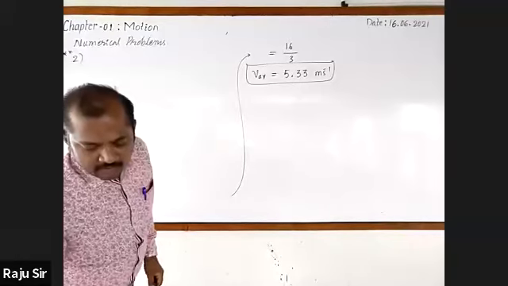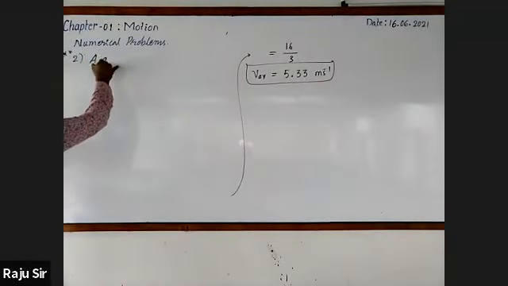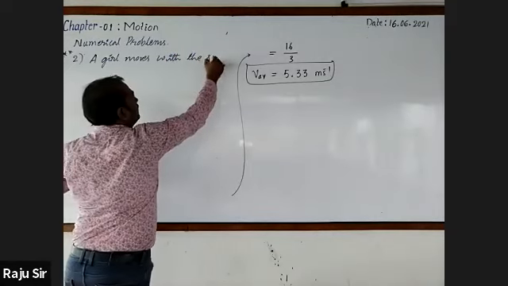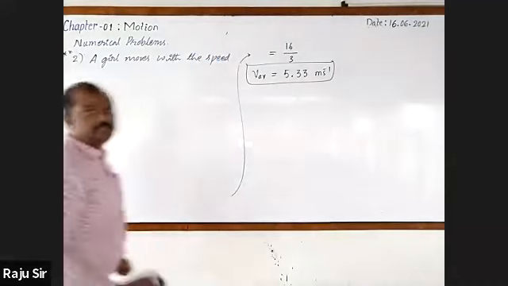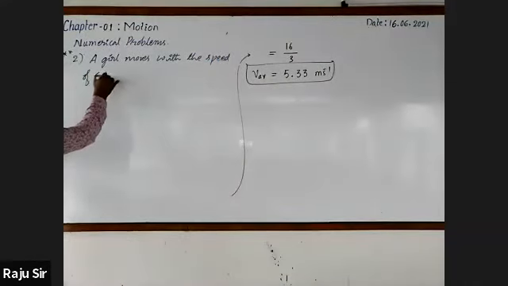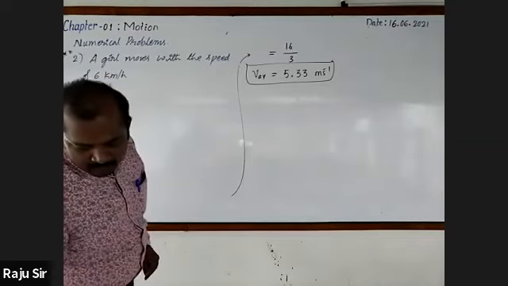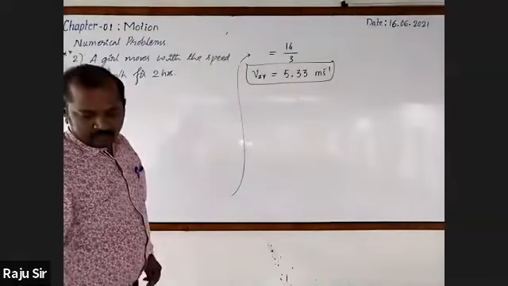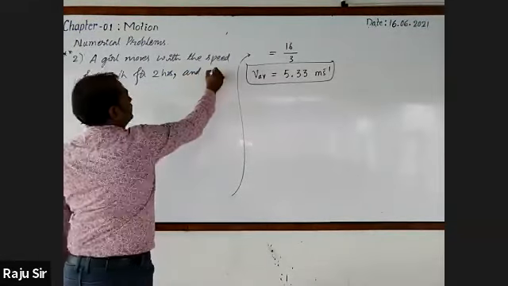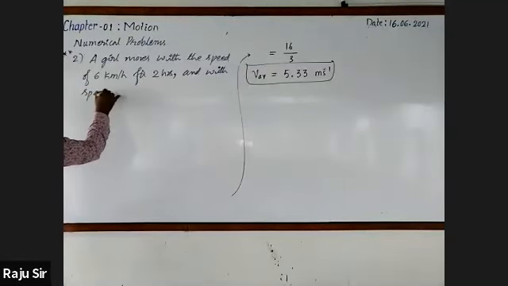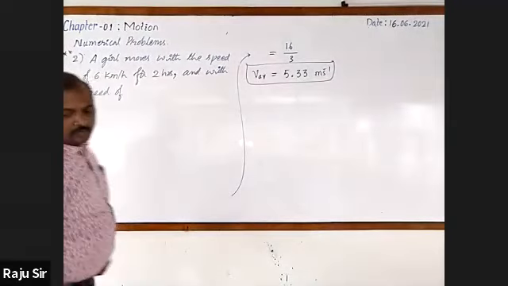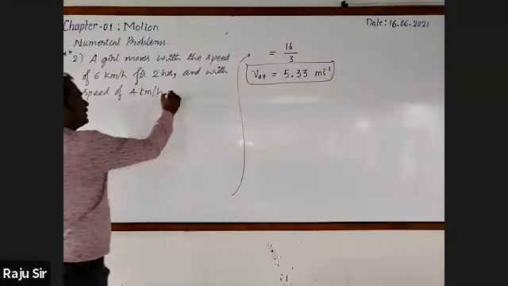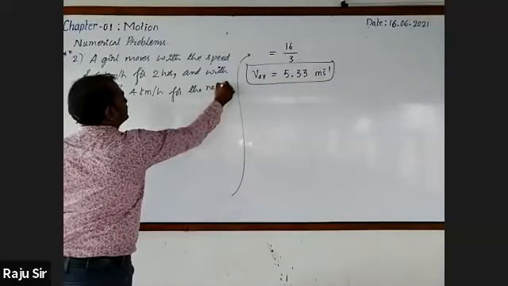A girl moves with the speed of 6 kilometers per hour for 2 hours, and with the speed of 4 kilometers per hour for the next 3 hours.